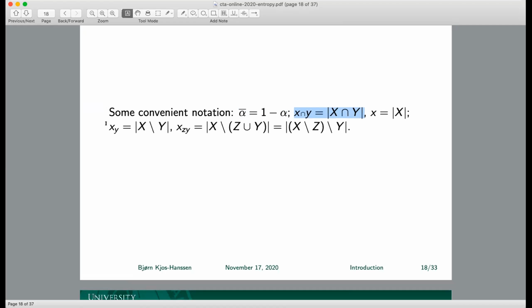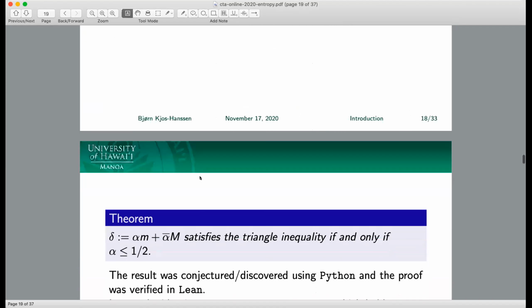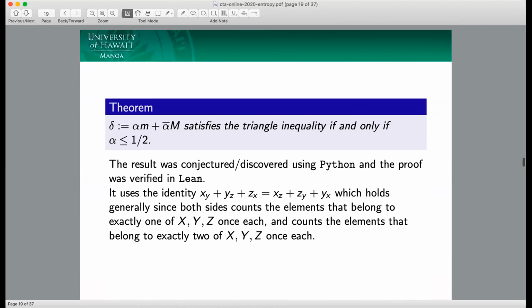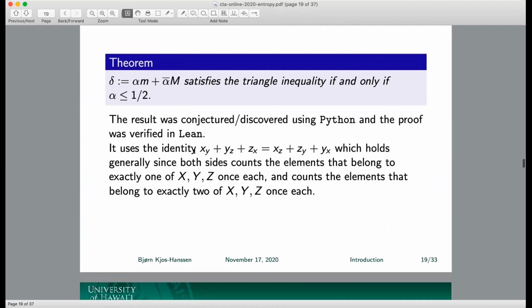And then here's one I found really convenient. So just the cardinality of the set difference of x and y, let's just call it x sub y. So one starting point is, if we don't even look at the denominator, but just the numerator, call that delta.